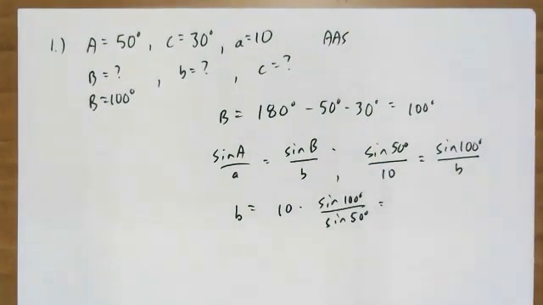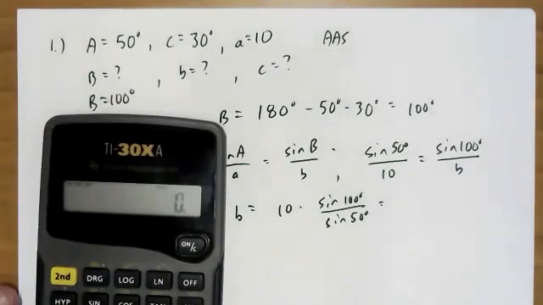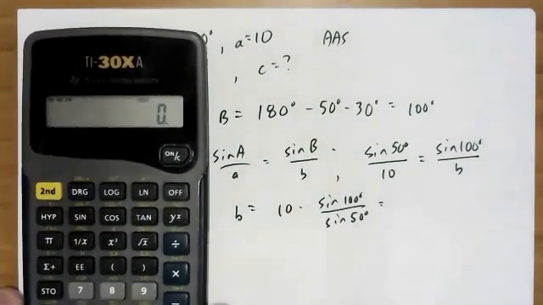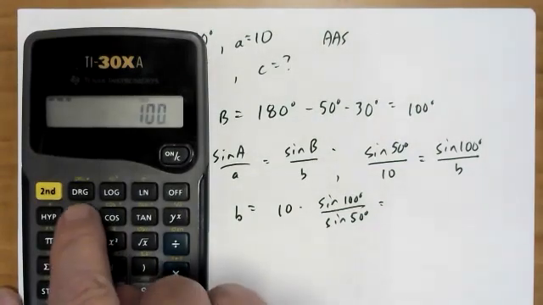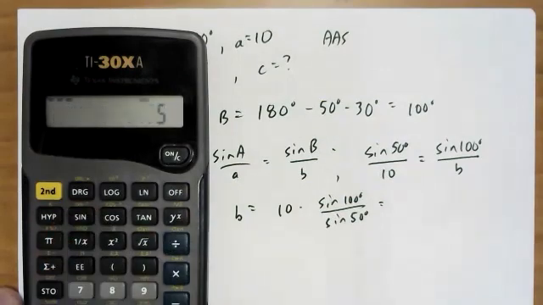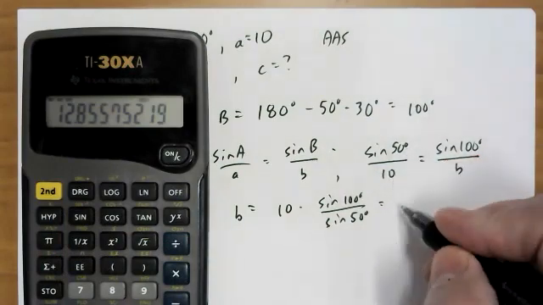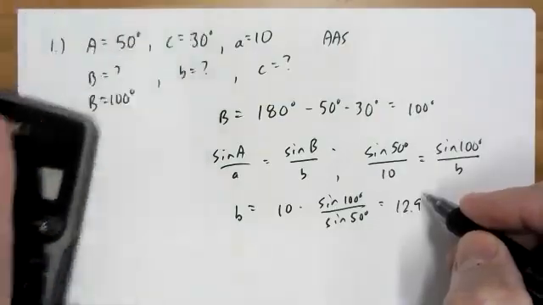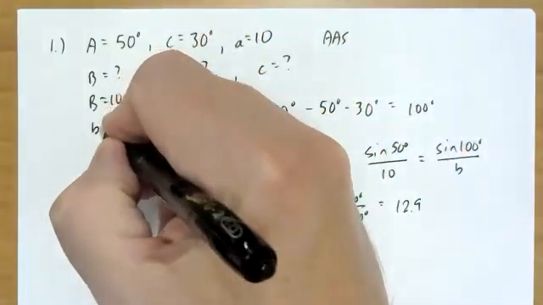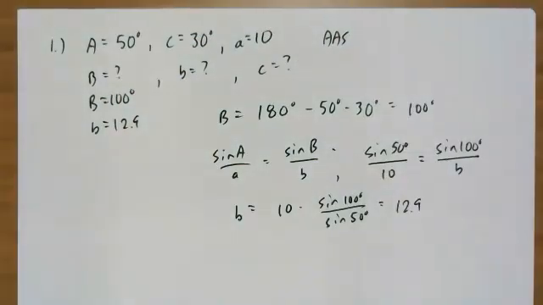I think it says to round the answer to the nearest tenth. So, grab my calculator. I'm going to make sure it's in the degree mode. 100 sine divided by 50 sine times 10 equals 12.855, so 12.9. So side B equals 12.9.